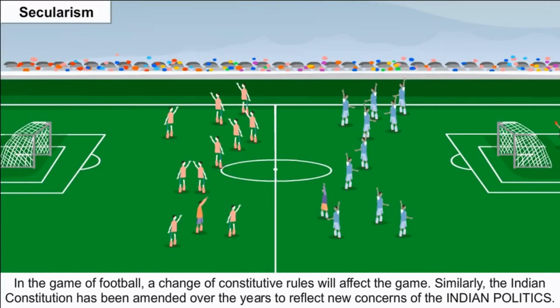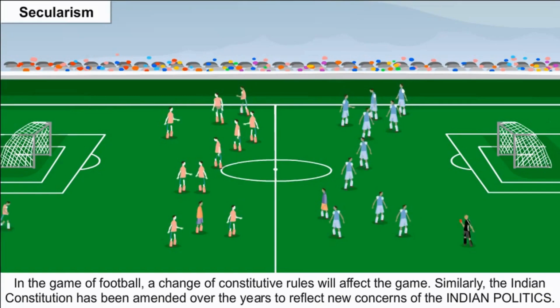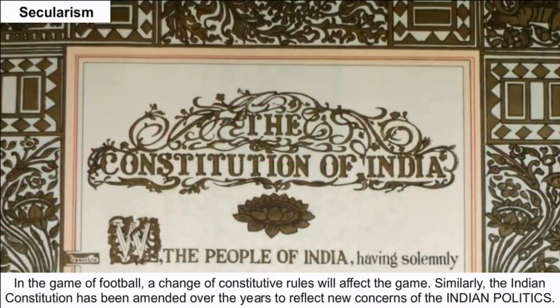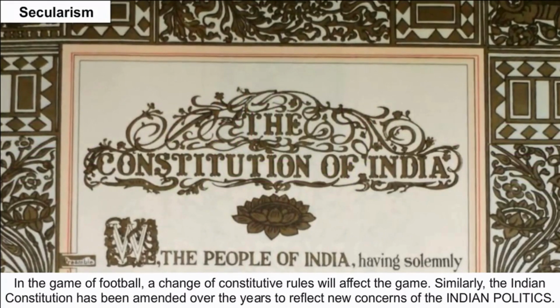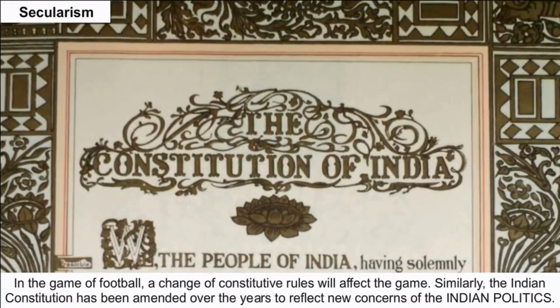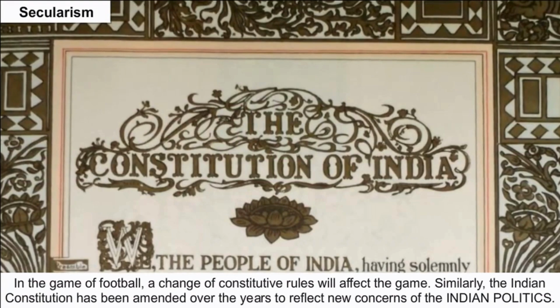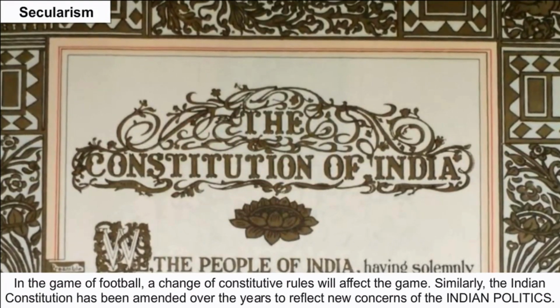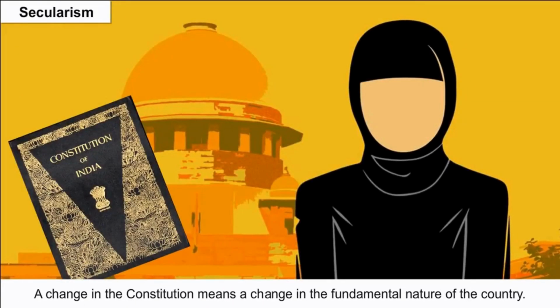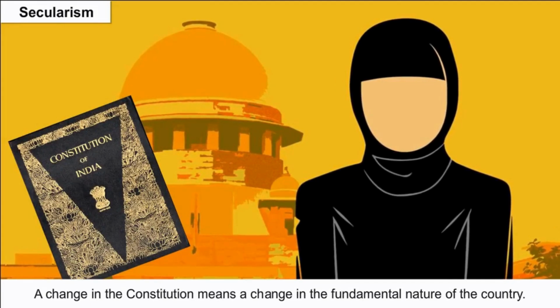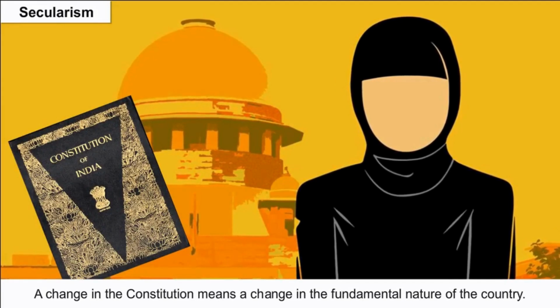Example: in the game of football, a change of constitutive rules will affect the game similarly. The Indian Constitution has been amended over the years to reflect new concerns of Indian politics. A change in the Constitution means a change in the fundamental nature of the country.